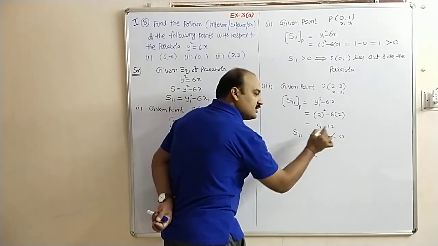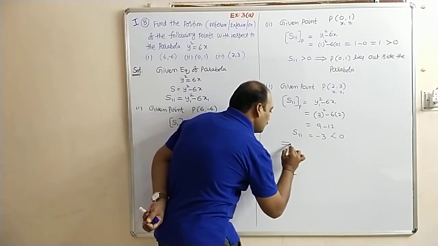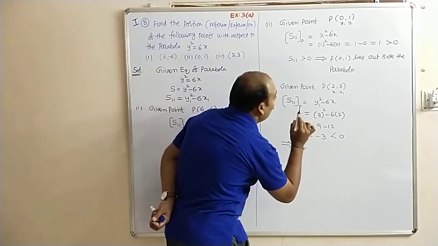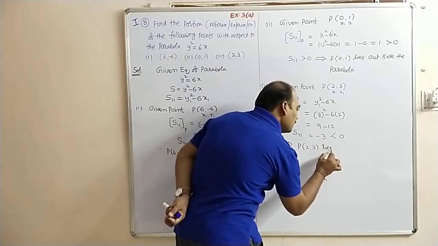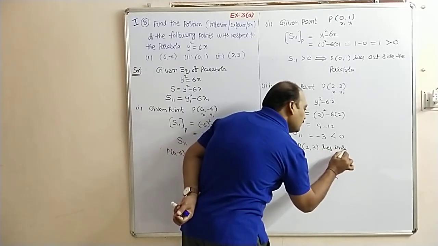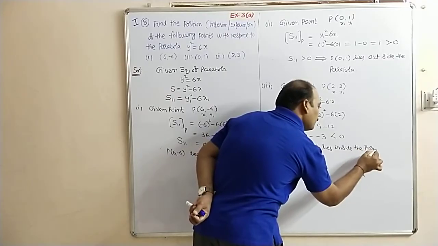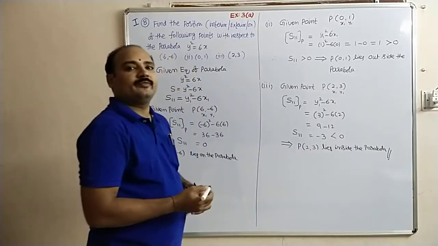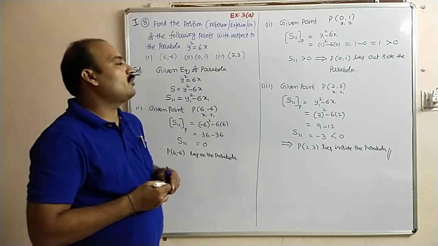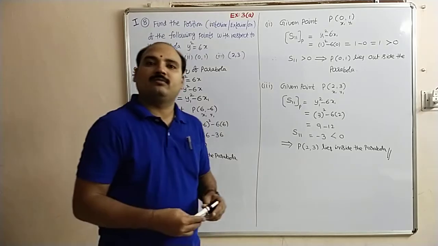Therefore, S11 is less than 0. That implies that the point P of (2, 3) lies inside the parabola. Like this, we can calculate the position of the point in the plane with respect to the given parabola.